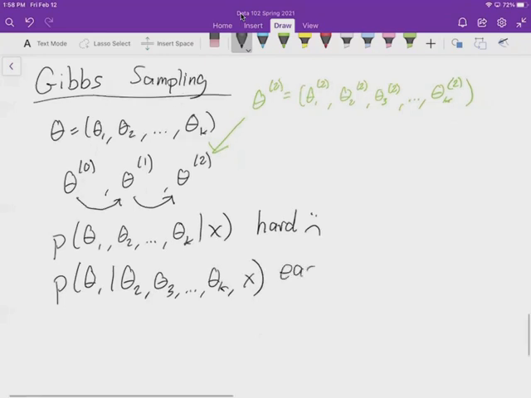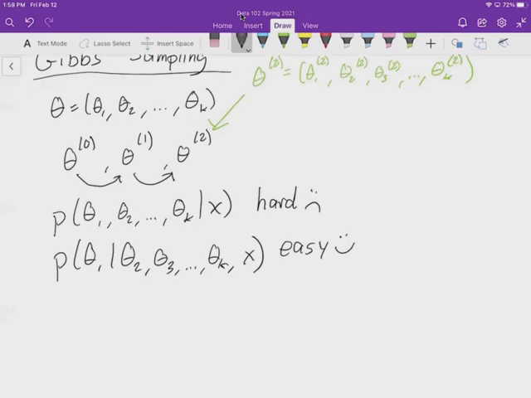In cases where this is easy, and in a lot of models we'll actually set things up so that this does become easy, and you'll see an example of this in discussion, then this works out really well. So let's suppose we can actually draw samples from this. Maybe the joint distribution here is hard and complicated and involves computing some intractable sum, but maybe this conditional distribution just happens to be a normal distribution, or an exponential.